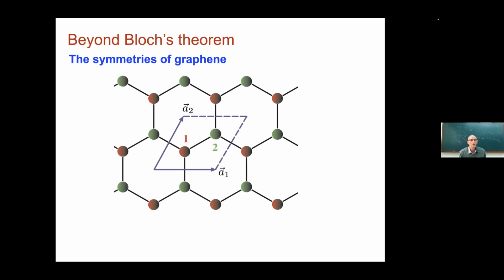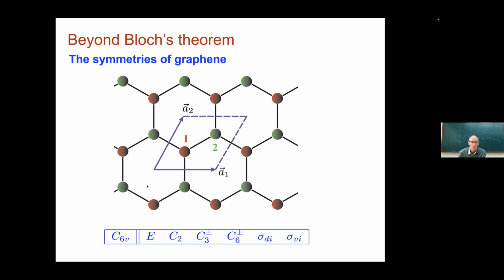So to go beyond Bloch's theorem, I have to consider all the symmetries of graphene, not just the translation symmetries. Well, you can very easily see that if you take, for instance, this center, that this lattice is invariant under all these operations. Obviously, I can rotate this by 60 degrees rotations. This is this, by 120, by 180.